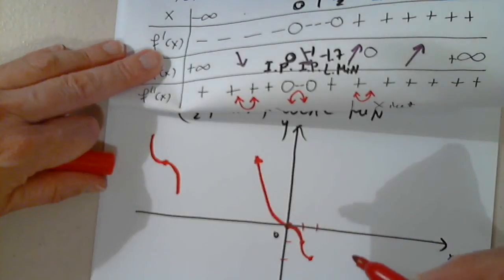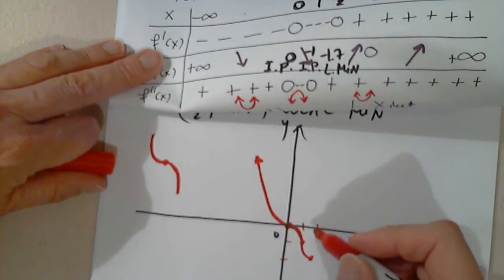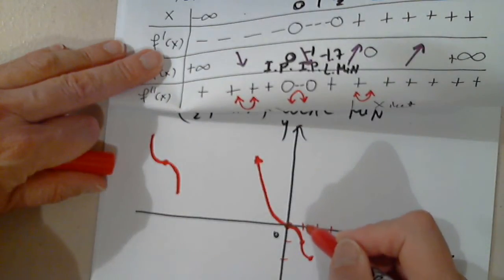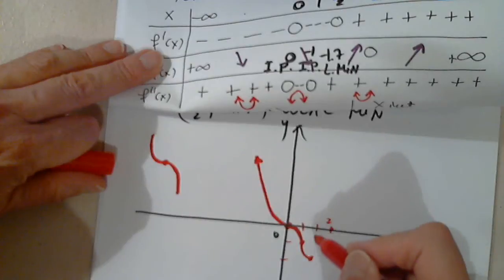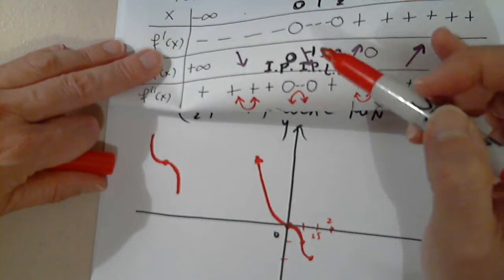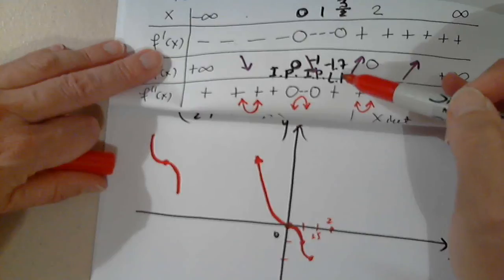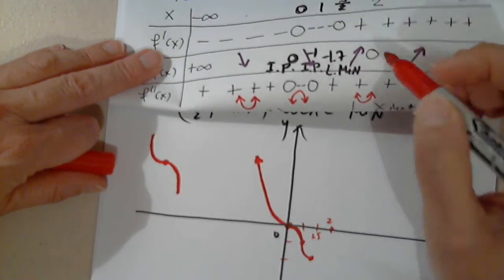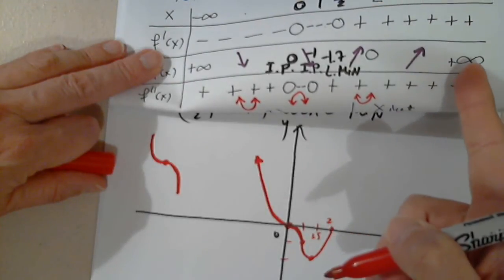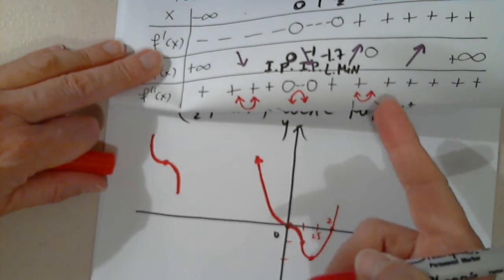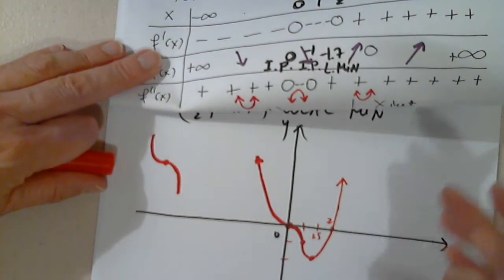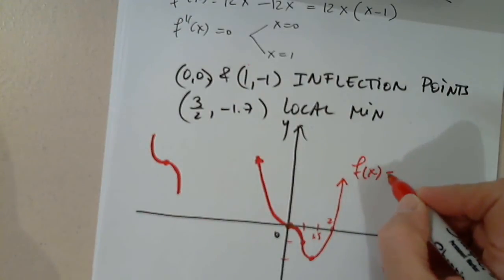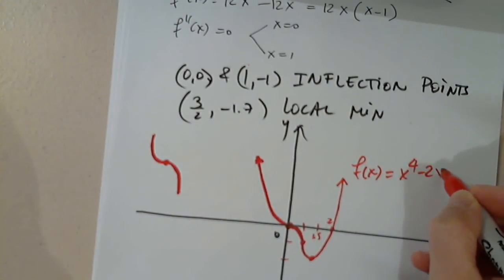I should have stopped a little bit further to the left. And then I'm going to say that this is 2, and this is 1.5. So now the function at this point has a local minimum. And it will continue to increase, crossing at 2, 0, going towards infinity and opening upward. And this is the graph of the function x to the 4th minus 2x to the 3rd.